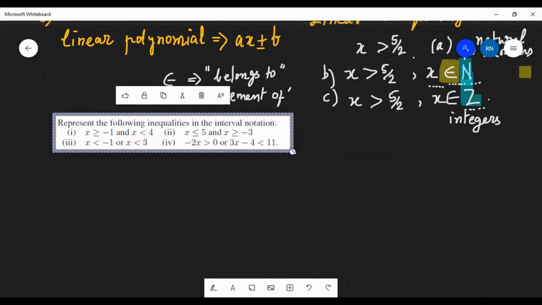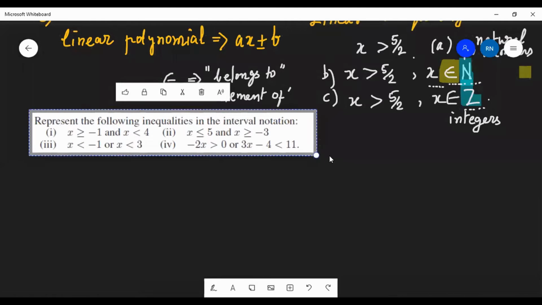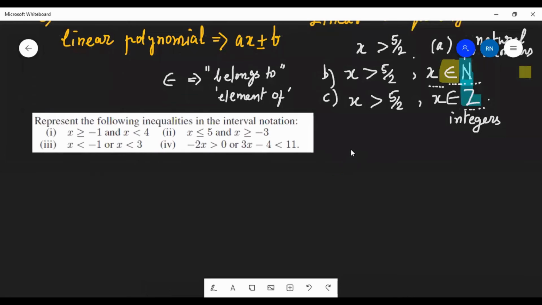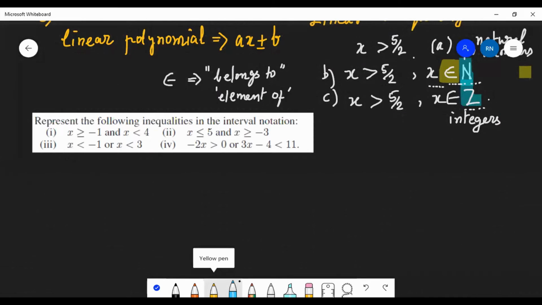So I hope for everybody this question is visible. Yes, sir. Visible, sir. Okay. So let us go ahead solving one by one. Subdivision 1. Represent the following inequalities in interval notation.